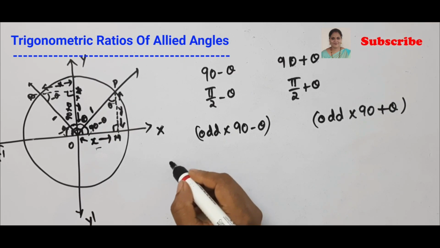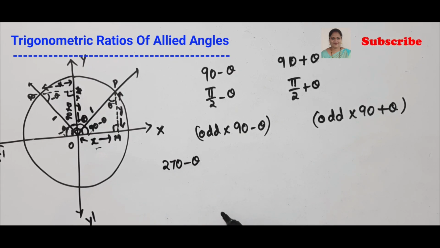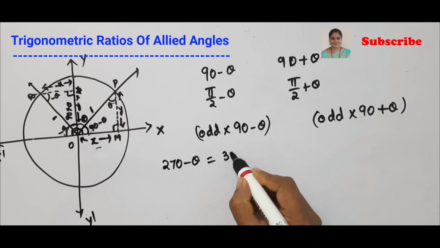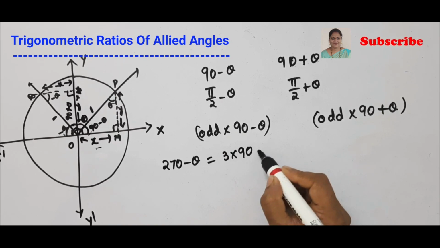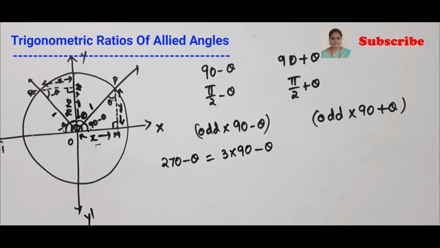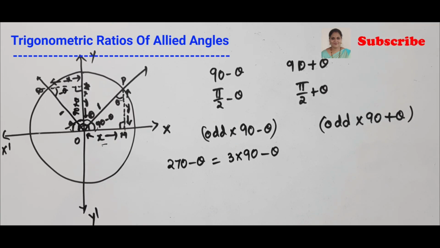For example, if you take 270 minus theta, it can be written as 3 into 90 minus theta, is it not? At this angle, it is clear that 270 minus theta will be in the third quadrant.